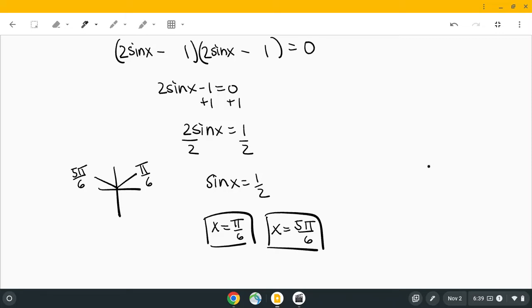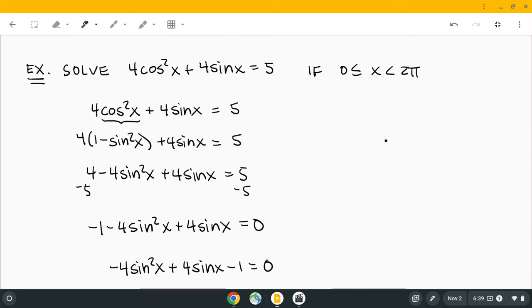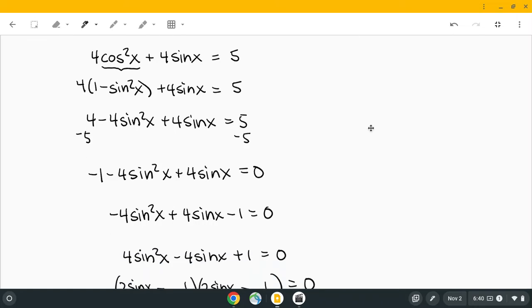Okay, so let's take a look at the beginning again. So here we had 2 different ones, and I chose to rewrite the cosine squared. Could you have rewritten the sine x? Maybe. Not sure how well that would work out, but maybe on your free time you can try that out. What if you went the other way and rewrote sine x in terms of cosine?